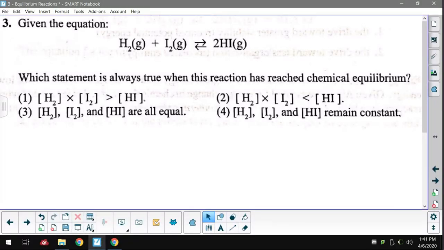What you do need to know is that the concentrations of hydrogen, iodine, and hydrogen iodide remain constant. Number 4, that is what's happening at equilibrium. Don't worry about how much of each one, just know the concentrations remain constant. They're not equal, they are constant, meaning unchanging, as the reactants change into product and the product changes into reactant.